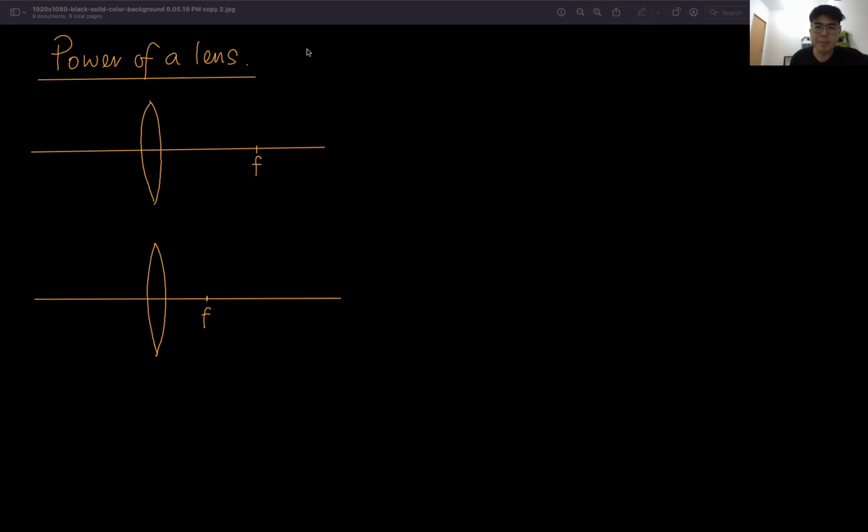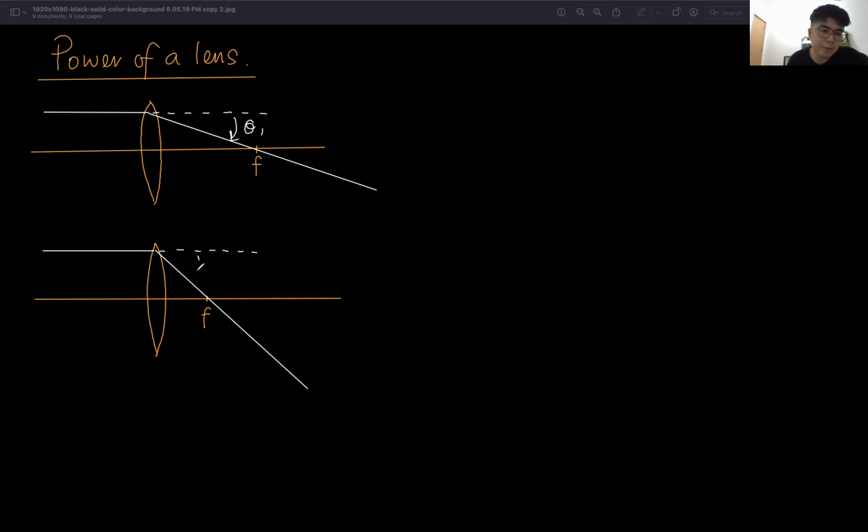Now look at the light behavior as it passes through the 2 lenses. The first one, parallel, focus. The original path is over here. So the deflection is angle 1. Second lens, parallel, focus. The original path is here.